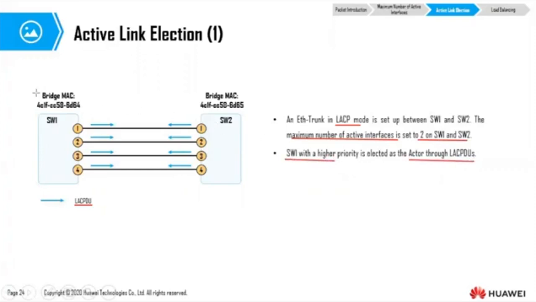In this particular example, the priority is the default, 32,768. But now they'll go ahead and compare the bridge MAC address. As you can see, these two are the same. The only bit that is not the same is this 5 and 4. So whoever has the lower value, which is switch 1 in this case, is elected as the actor.